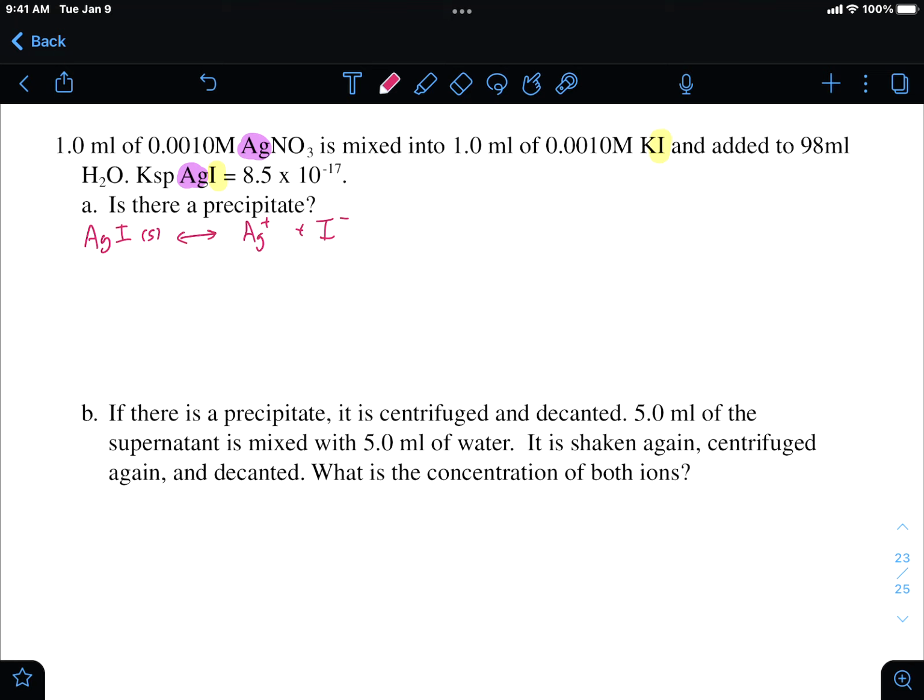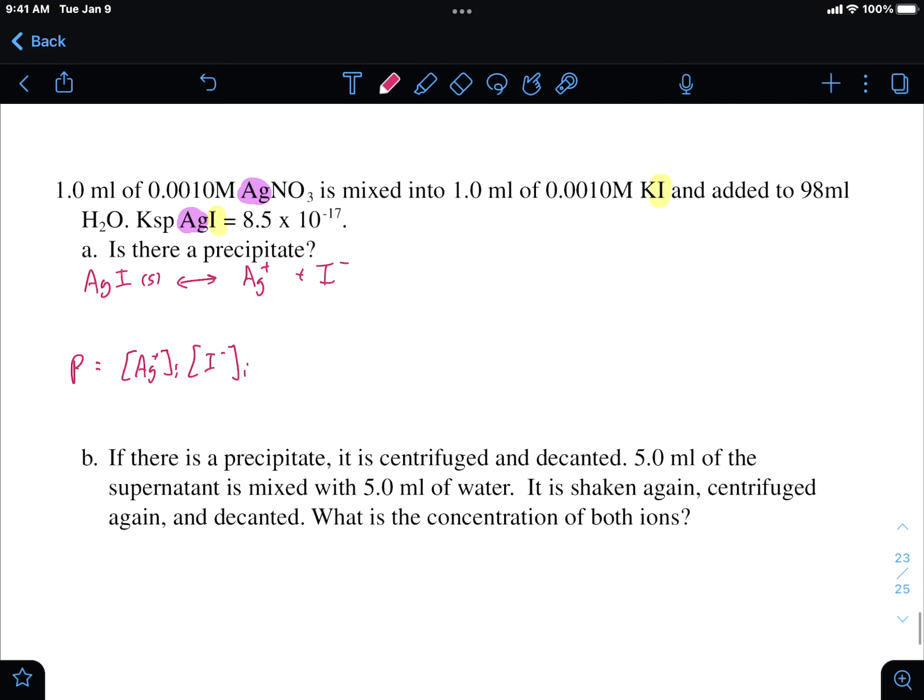And I need to solve for P. P would be the concentration of Ag initial times the concentration of I minus initial. So I need to find those 2 things to solve for P. So let's solve: 0.001 liter times a molarity of 0.001.